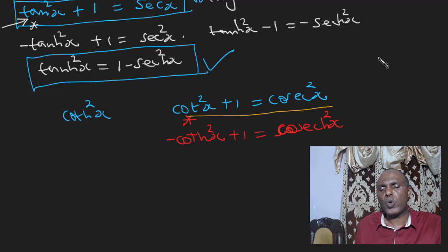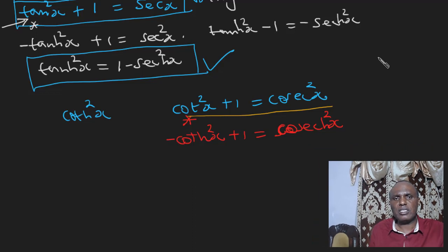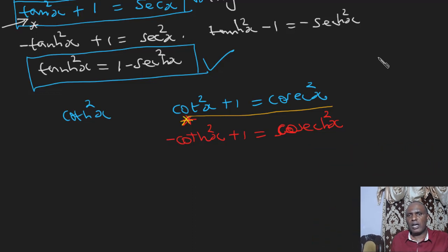There is also a sine which is multiplied together in this cosec squared, so we have to change the sign. Therefore we also have a negative there. The hyperbolic identity relating to this trigonometric identity becomes coth squared x, that is negative, plus 1 is equal to negative cosech squared x.